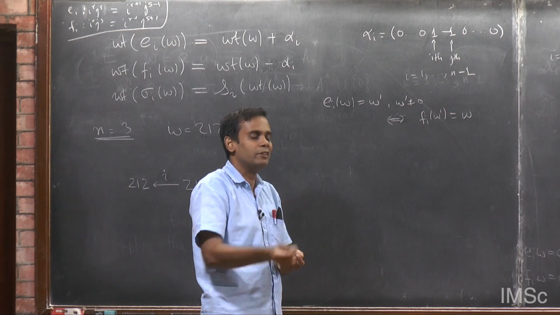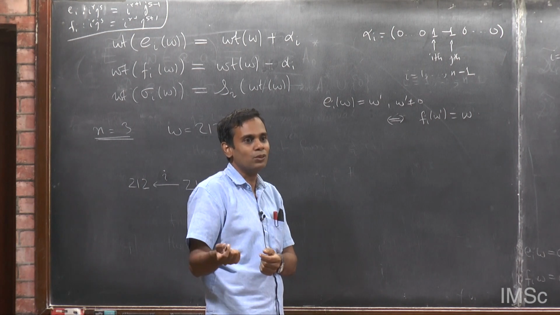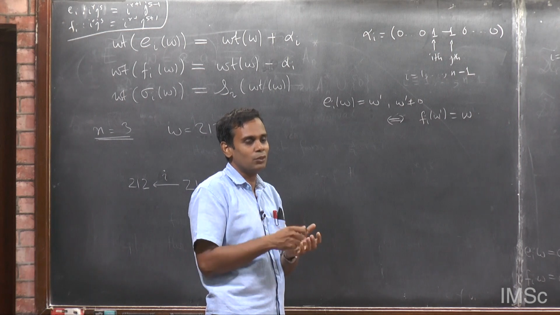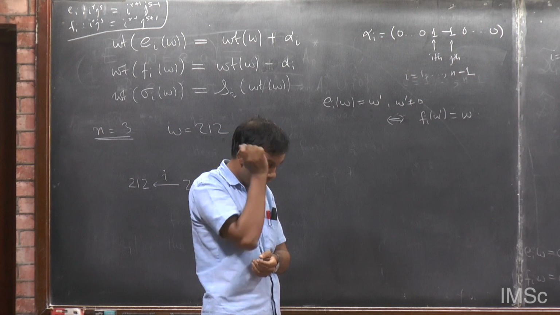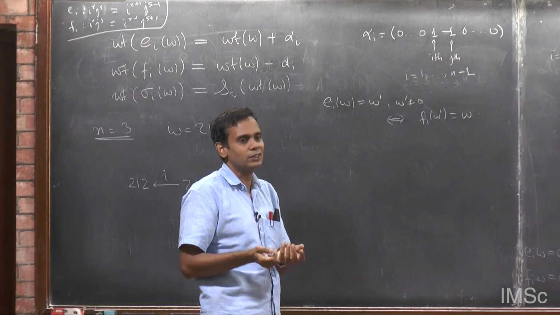One way of dealing with that is to introduce this new symbol 0 and make it a function from the domain, which is words, to the range, which is words union 0. The other way is to just think of them as relations.